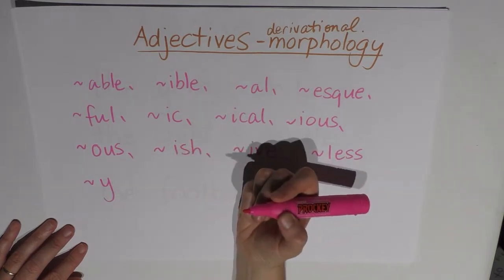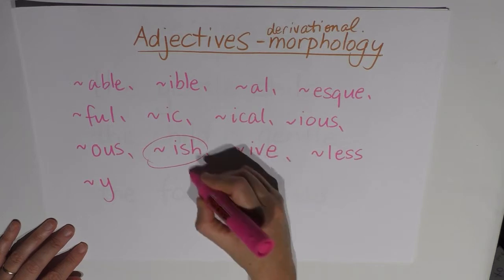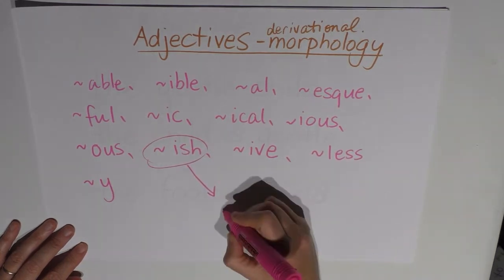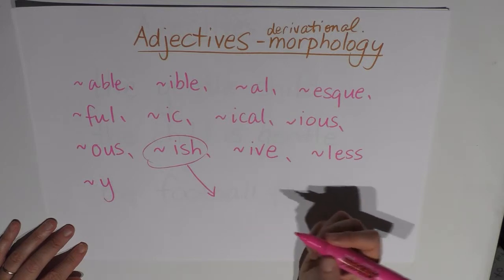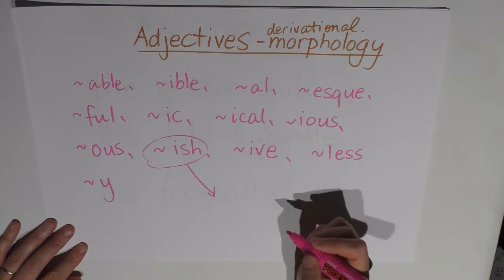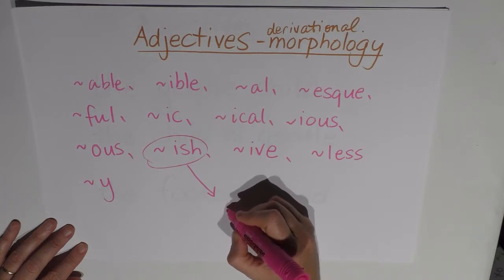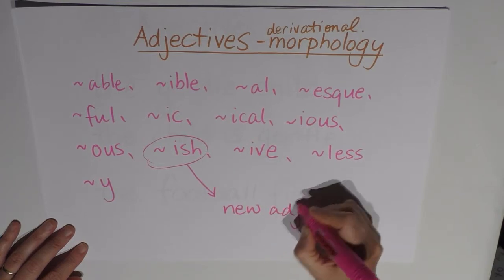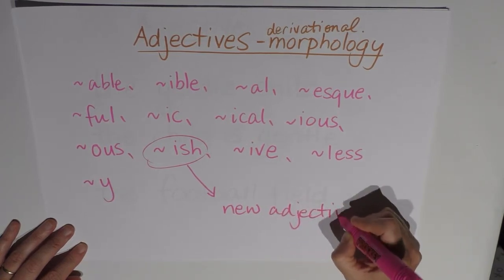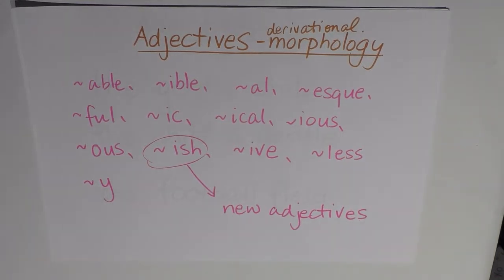Now, being an open class, we will often add ish, so we use this ish and put it on the end of nouns as well, such as schoolgirlish, and we turn nouns into adjectives in that way as well. So ish is commonly used to make up new adjectives. Okay, so there are the morphological features, inflectional and derivational.